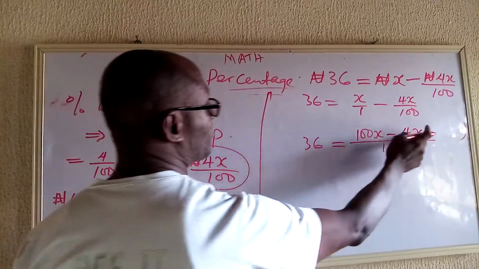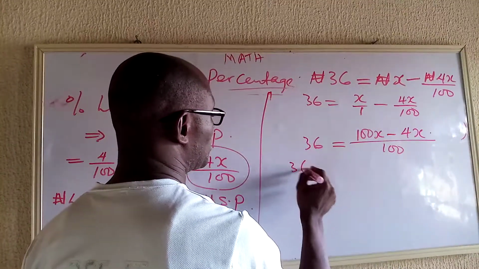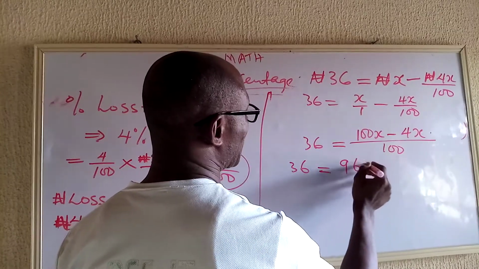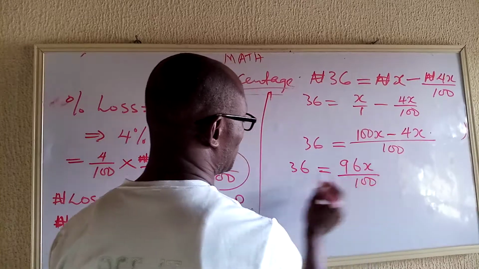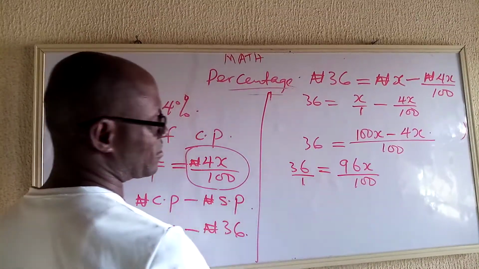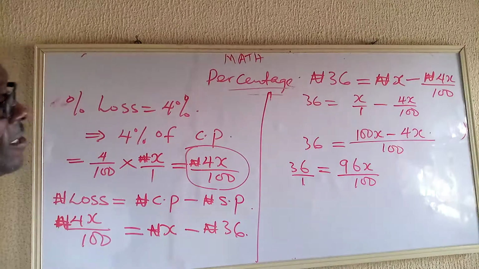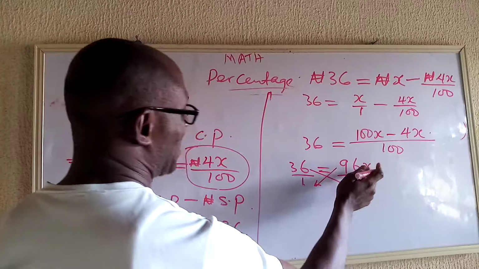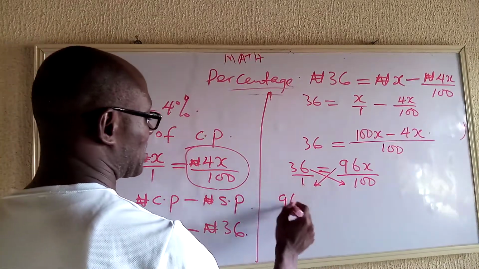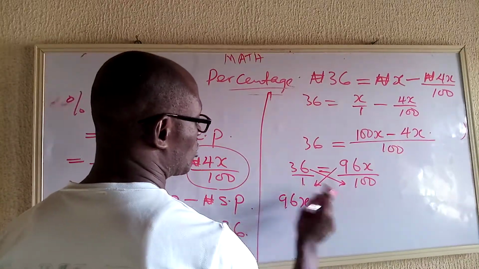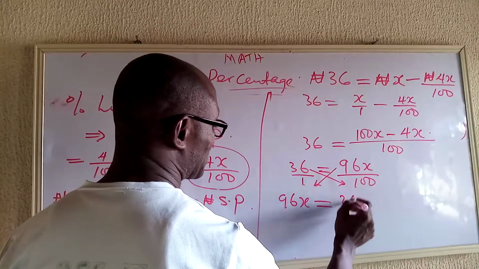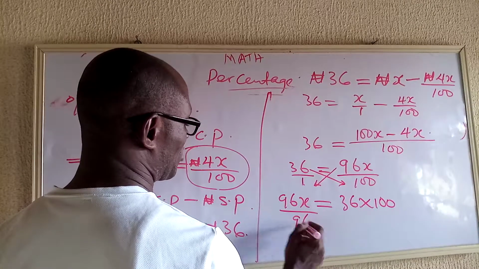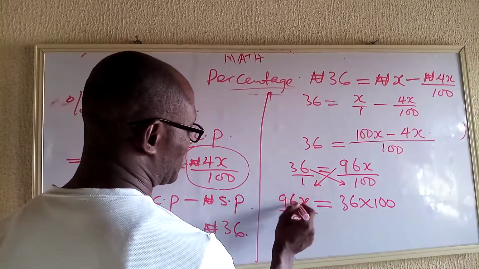So by the time you subtract this from this, you get 36 equals 96x over 100. Then this one, you express it as over 1, so as to make your cross multiplication easy. So when you cross multiply, 96x times 1 is 96x, equals 36 times 100. Then you divide both sides by 96 because you are looking for x, so you divide by the coefficient of x.